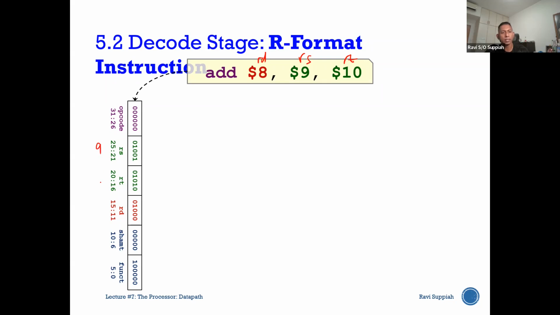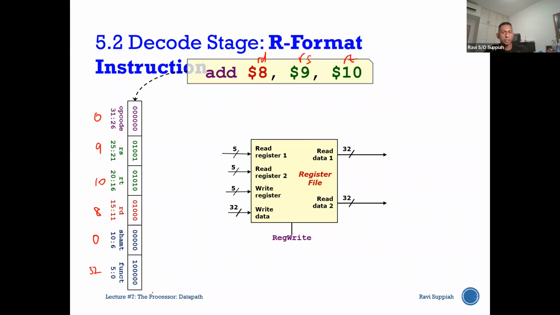This is 9, this is 10, this is 8. RS, RT, RD, shift amount. This is an add instruction, so shift is 0. For the add instruction, opcode is 0, and the function field is 32. This is basically the encoding of the instruction into the actual bits.